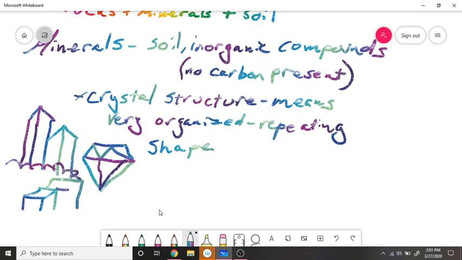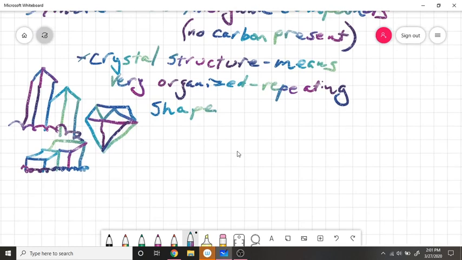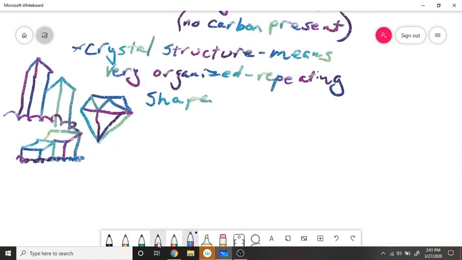But the one thing they all have in common is that they are all very structured and organized. They have flat sides, right? So that's what a crystal would be shaped like.